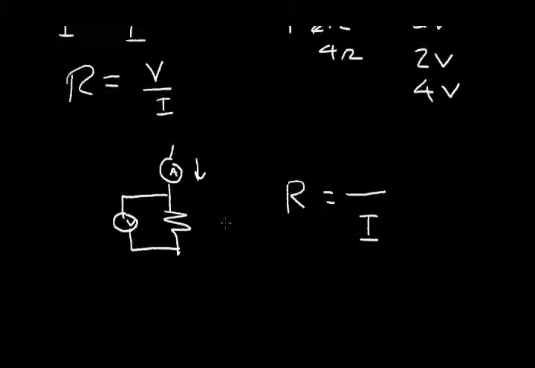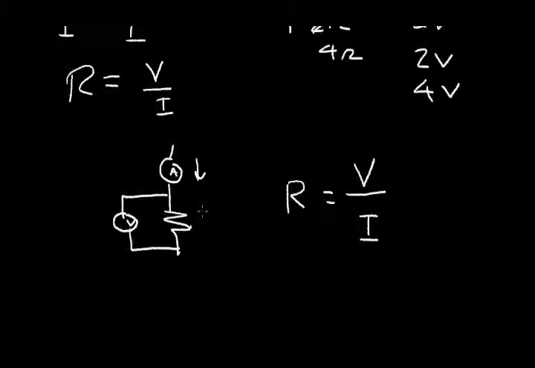But if we have a small current and a large voltage, well, then we're going to have a large resistor. So the voltage would be a direct relationship. So don't try to memorize Ohm's law, but be able to derive it and think about it. Think about the circuit and what's happening.